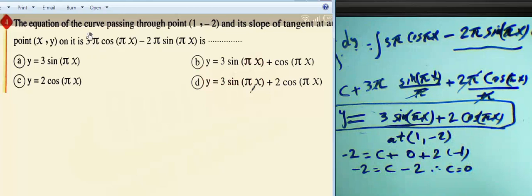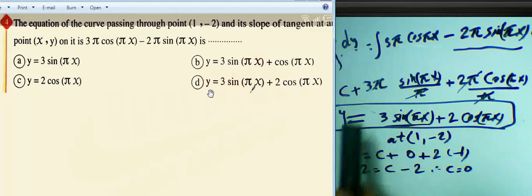Choose letter D for this result, because he asked about the equation of the curve passing through the point and its slope of tangent at any point (x, y), which is 3 cos x minus 2 sin x. So in this example he gives us the slope. You can find the equation of the curve by using integration on the left hand side and right hand side.